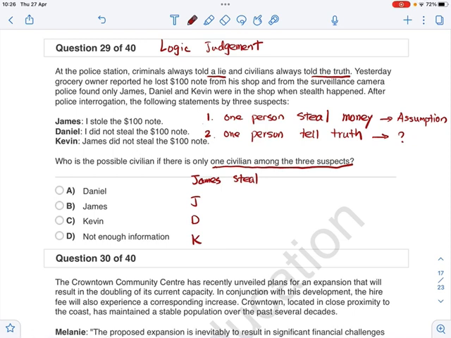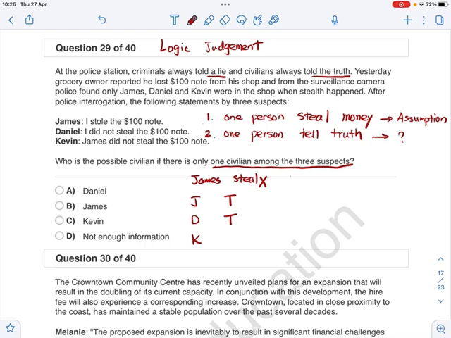James said, I stole the $100, which is James telling the truth. Daniel said, I didn't steal it, which means Daniel is also telling the truth. So James cannot be the one who took the money, because then two people would be telling the truth, which is against the second criteria that only one person tells the truth.